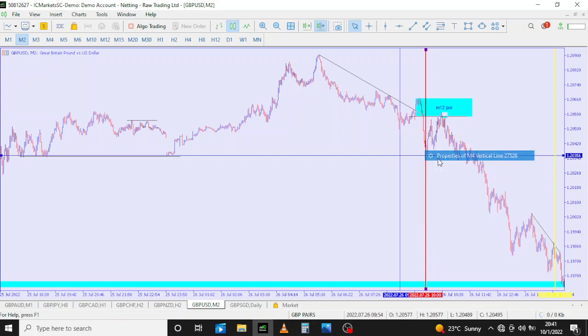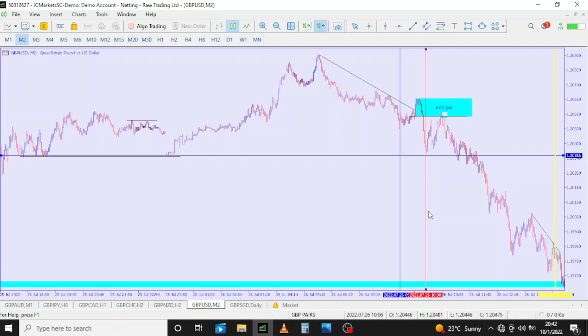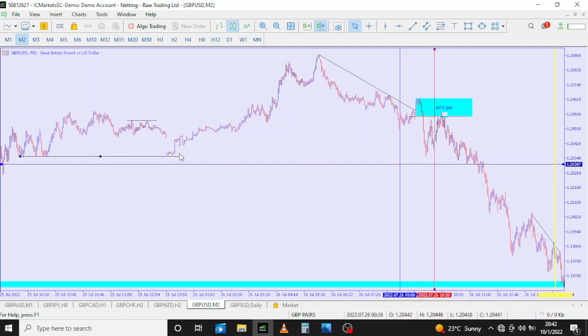And this red line, London open, which went on and added another equal low to this Asian session liquidity, and the London open was exactly at this liquidity, and it didn't grab.